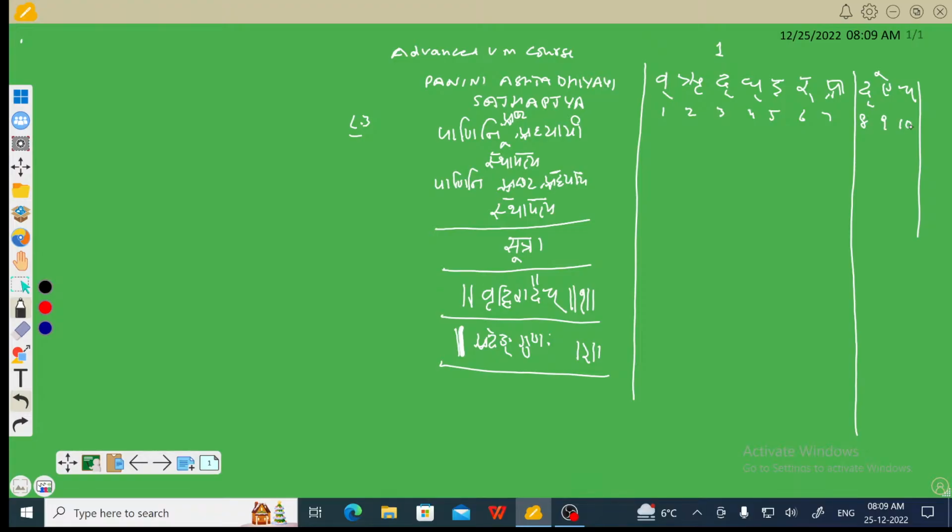First step to be taken is that this sutra is to be written in this form. It is called Vartani, meaning the letters being put in a sequential form.